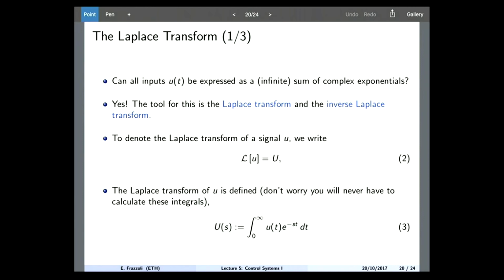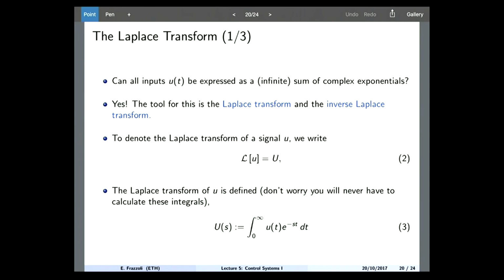Okay, now what we will do is, I usually try to avoid emphasizing this too much, because you don't actually need to know Laplace transforms to do this course. On the other hand, if you already know Laplace transforms, it may be useful to establish this connection, okay?